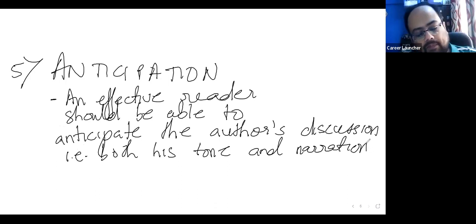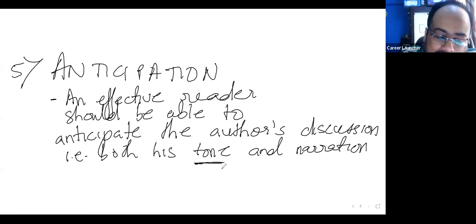An effective reader is a reader who is able to anticipate in advance, based on something that has been read, what else the author is going to discuss. And an effective reader should be able to anticipate the author's tone. When I say tone, is it a positive tone? Is it a negative tone?